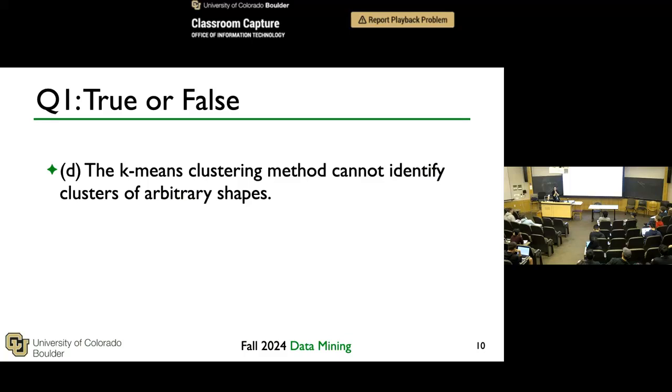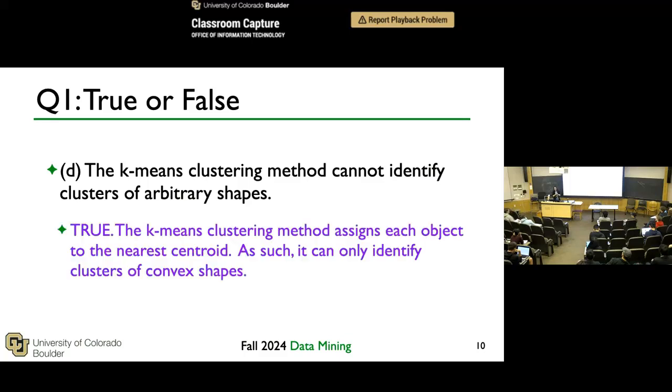That's the high-level thing. So in this one, we say it's true because k-means cannot identify arbitrary shaped clusters. The reasoning is that the k-means method assigns each object to the nearest centroid. As such, it can only identify clusters of convex shapes, because whatever is in your cluster needs to be closest to the centroid.